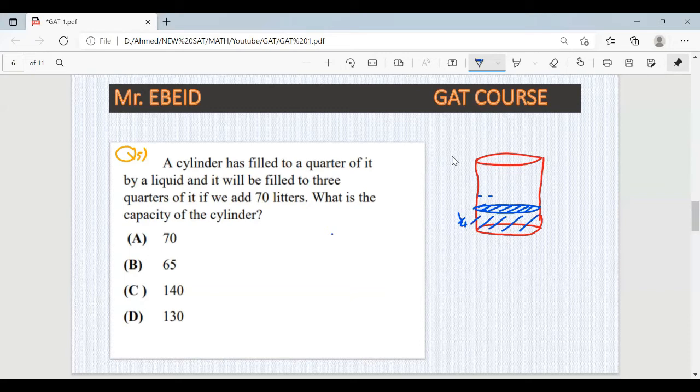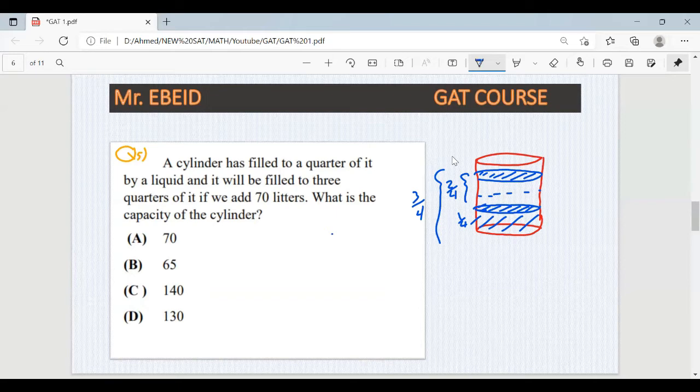And it will be filled to 3/4 of it. So we will fill it with 3/4, so it will be here. Means that we will add 2/4, okay? This part is 2/4, and the total is 3/4. Okay, that's it.